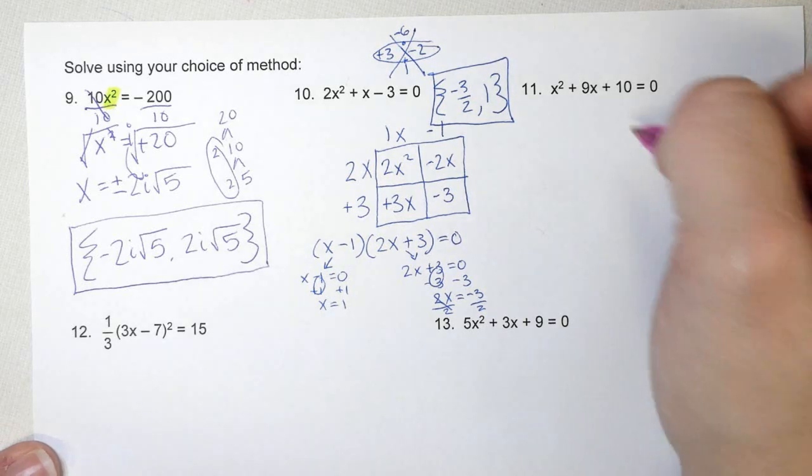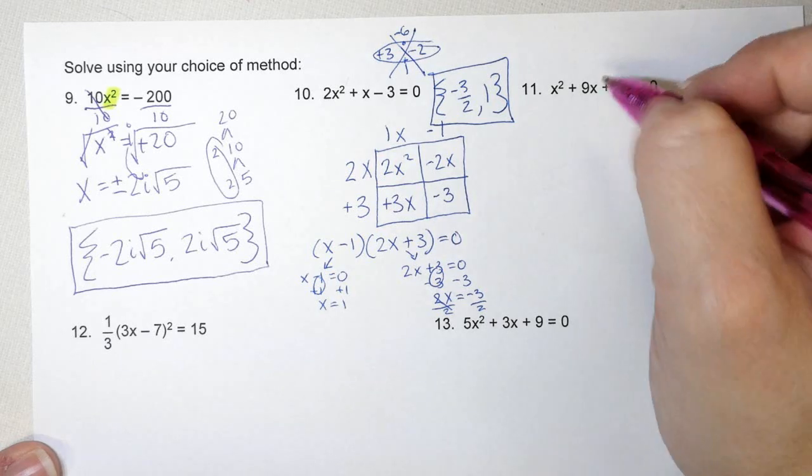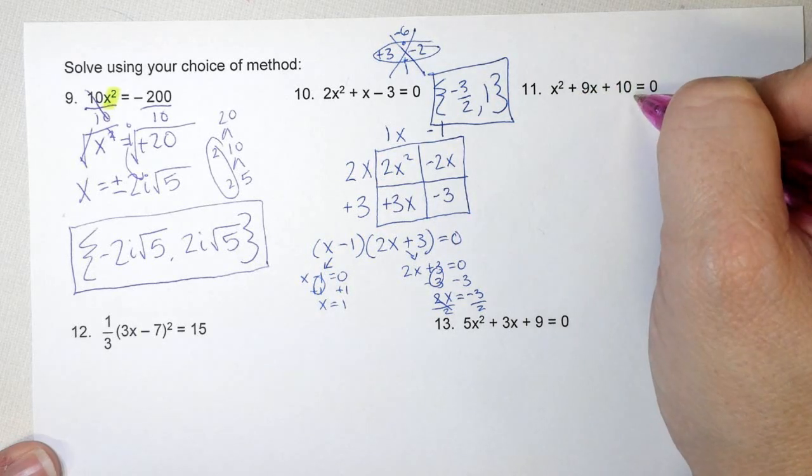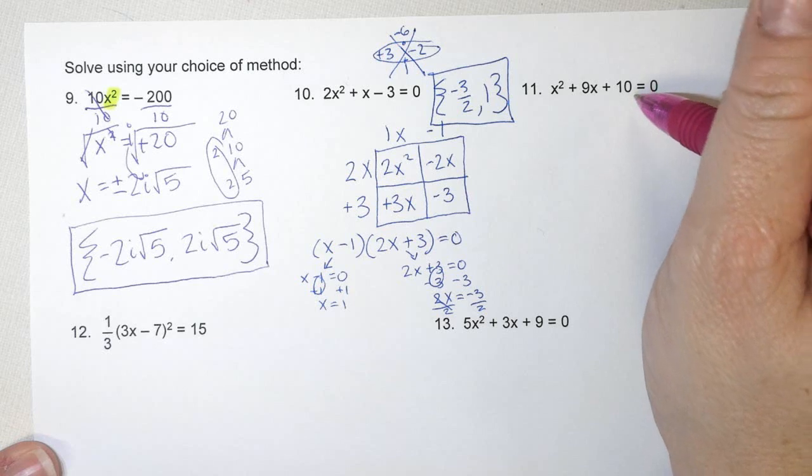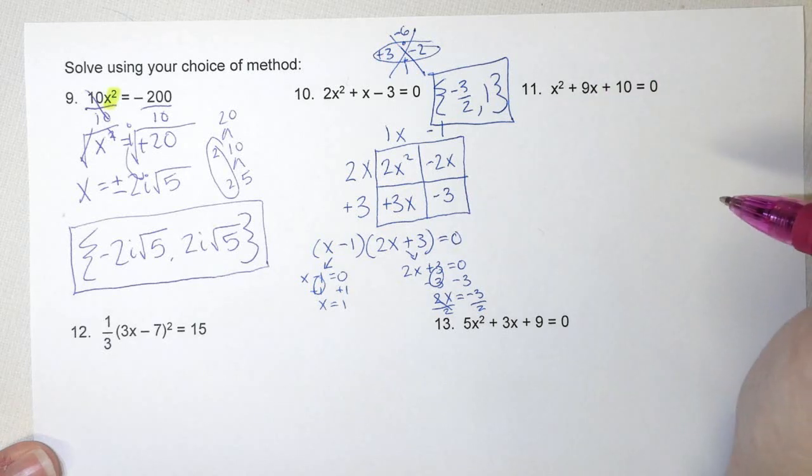So on this next one, let's use quadratic formula because there's nothing that multiplies to give you 10 and adds to give you 9.